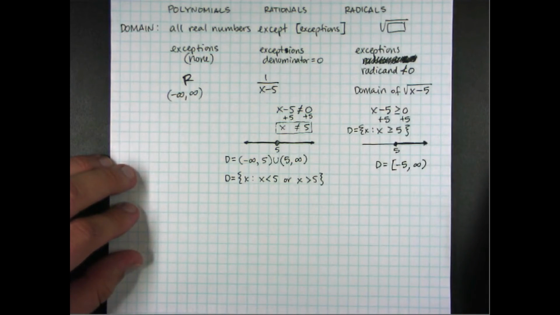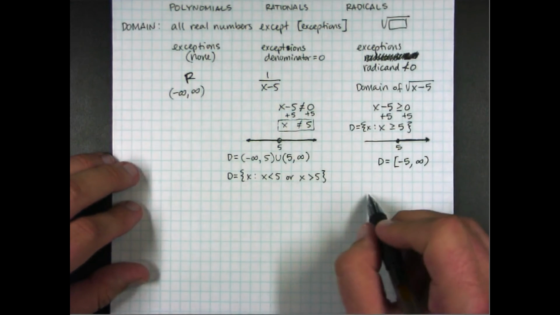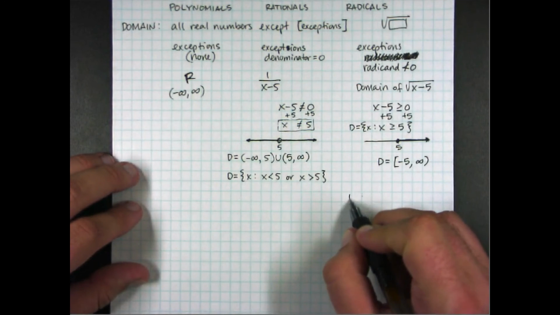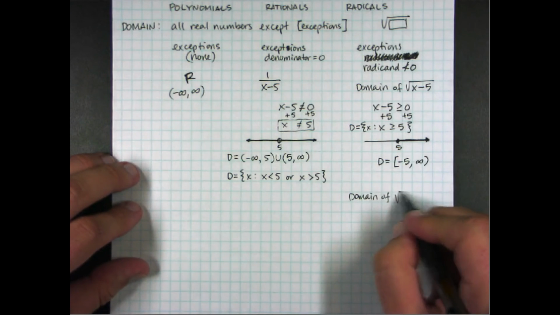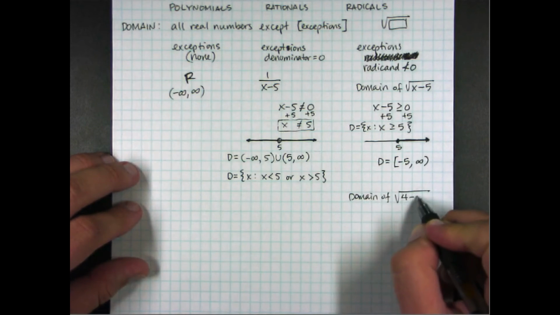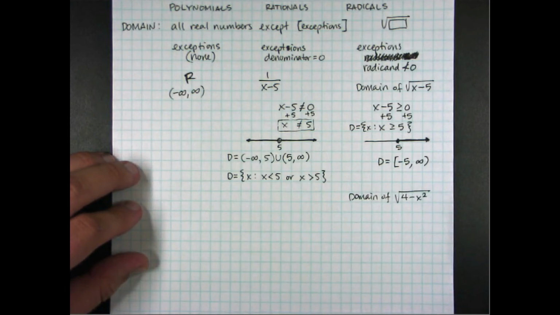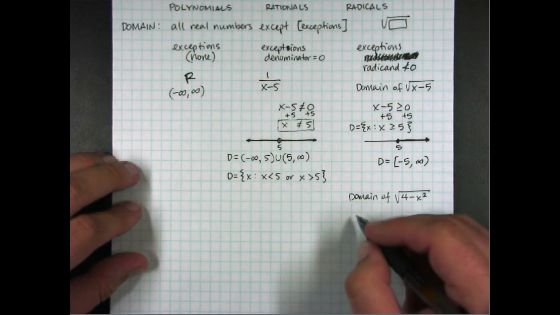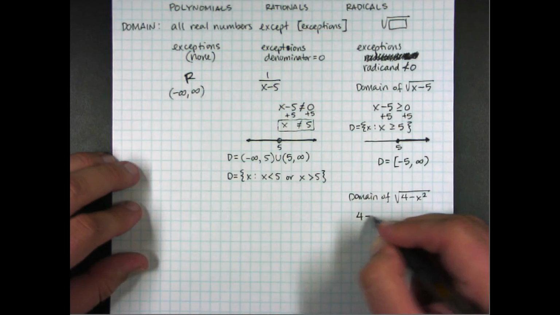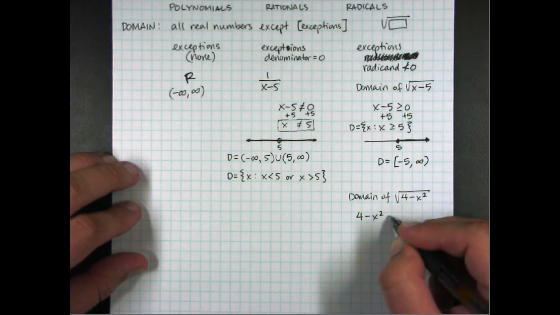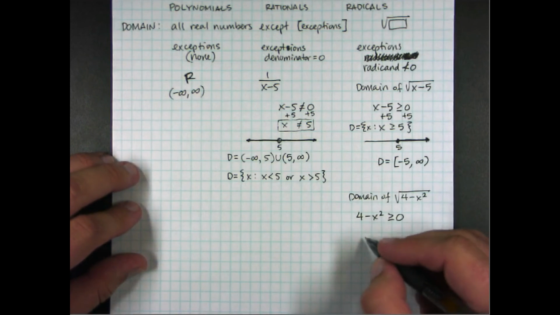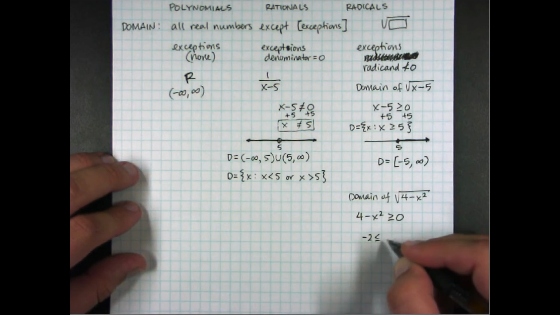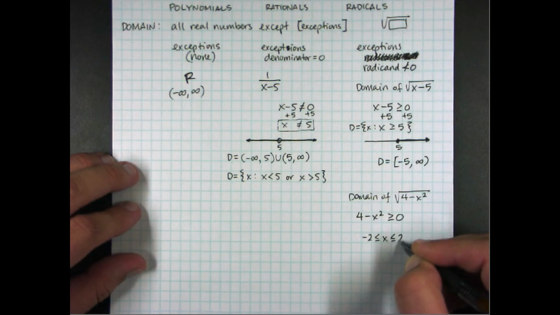Now they get a bit more complicated than this, only as far as the math goes. So if I had something like, what is the domain of, well, I don't know, the square root of 4 minus x squared? You would still set the radicand greater than or equal to 0, but now the math is more complicated, and you would wind up with -2 less than or equal to x less than or equal to 2.